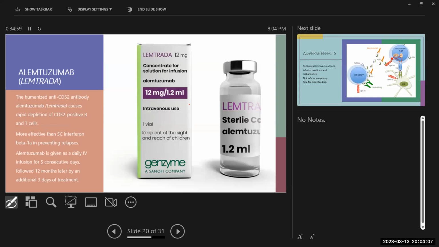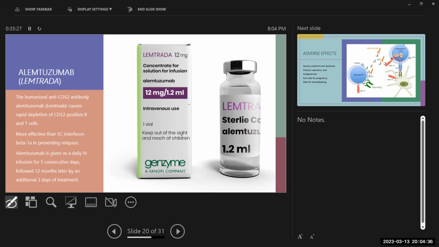Another injected anti-MS drug is this other antibody, alemtuzumab. This depletes B and T cells that have this surface protein called CD52. This drug is more effective than interferons.